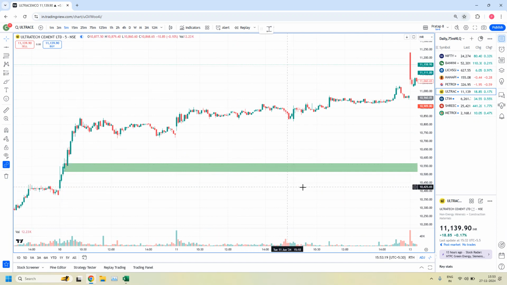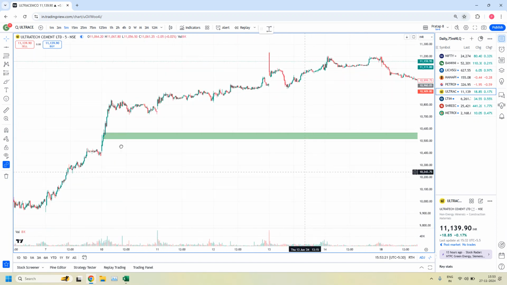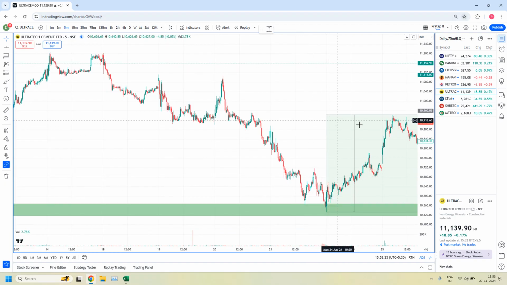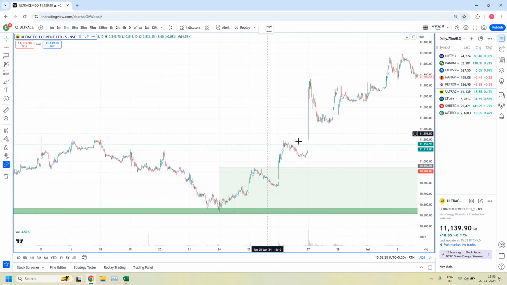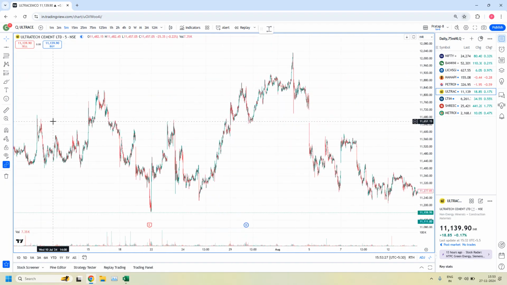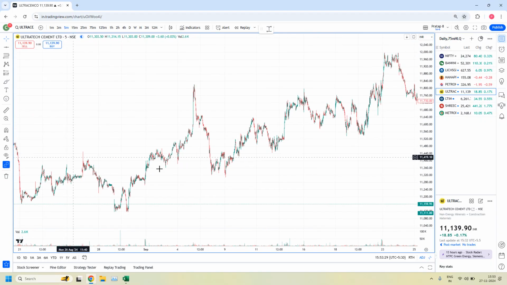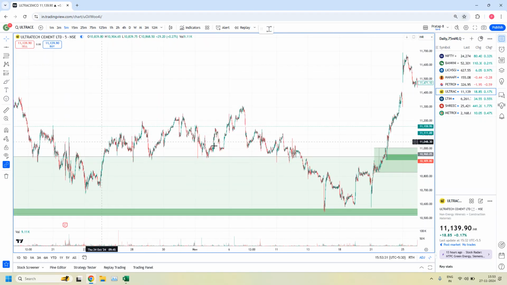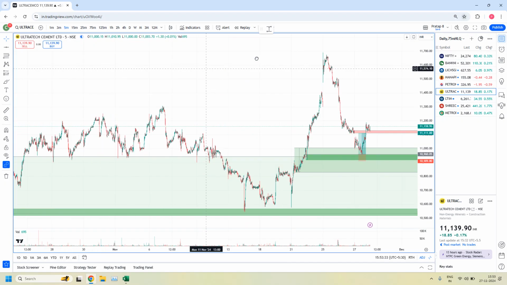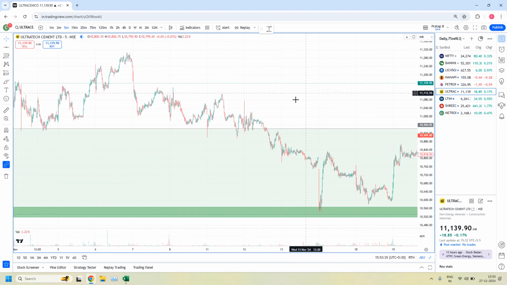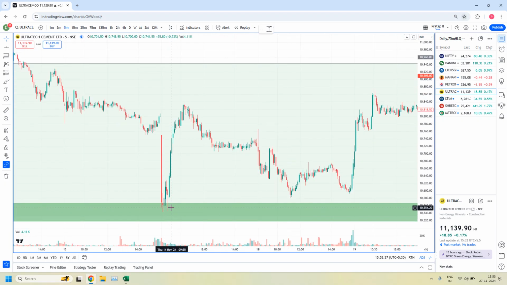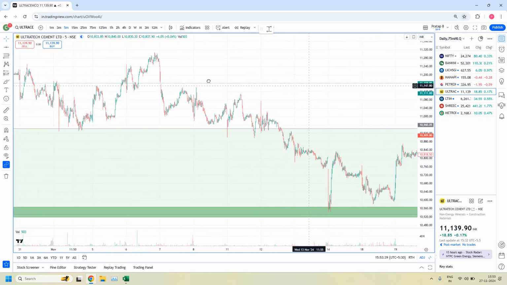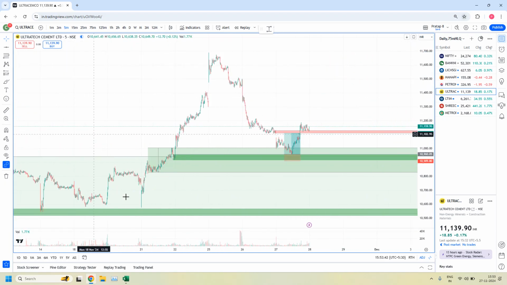Rally base rally. In this zone, it picked up the orders and the entire daily zone was created. Recently, I think a few days back, we took a trade from this zone. Our HLQ zone supported this. I think probably somewhere here, or maybe in this candle.